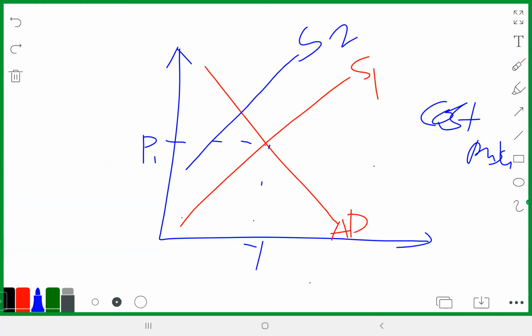Because the supply curve has shifted to the left, you will see prices increasing and the levels of output decreasing from Y1 to Y2. Prices increasing from P1 to P2. Is that clear?